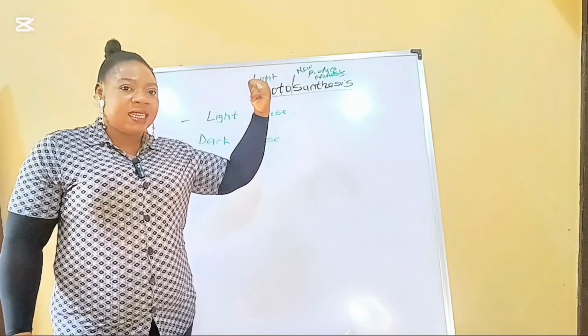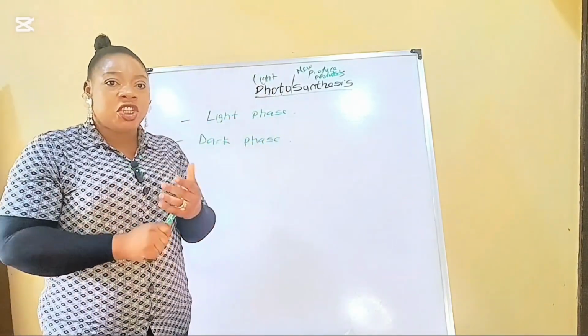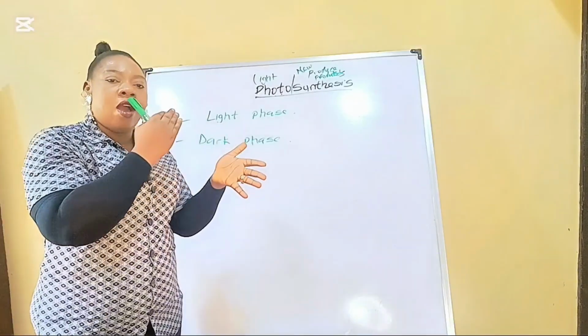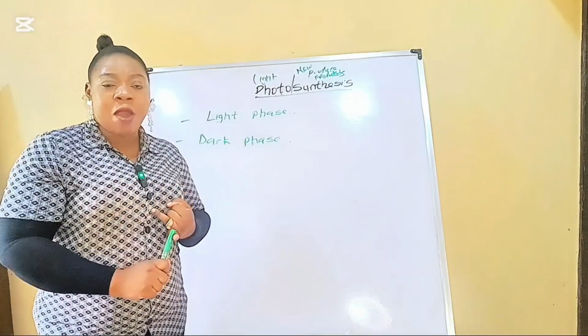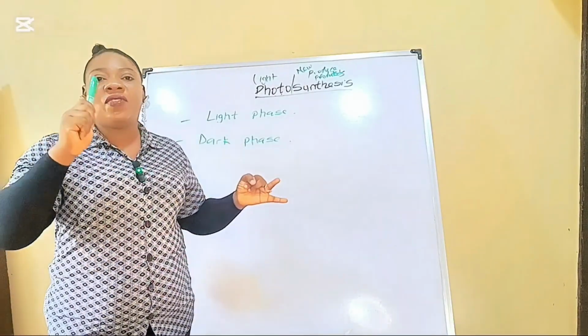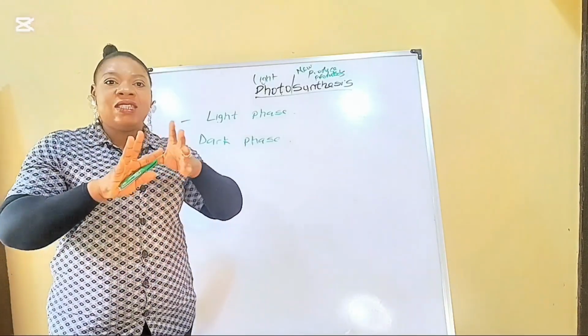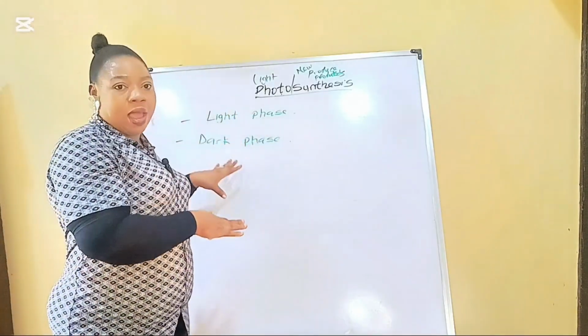Remember previously when I spoke of the breakdown of water, which is photolysis, using light to break down water, where we have the oxygen, we have the electron, and we have your proton. So that is what happens in the light reaction.